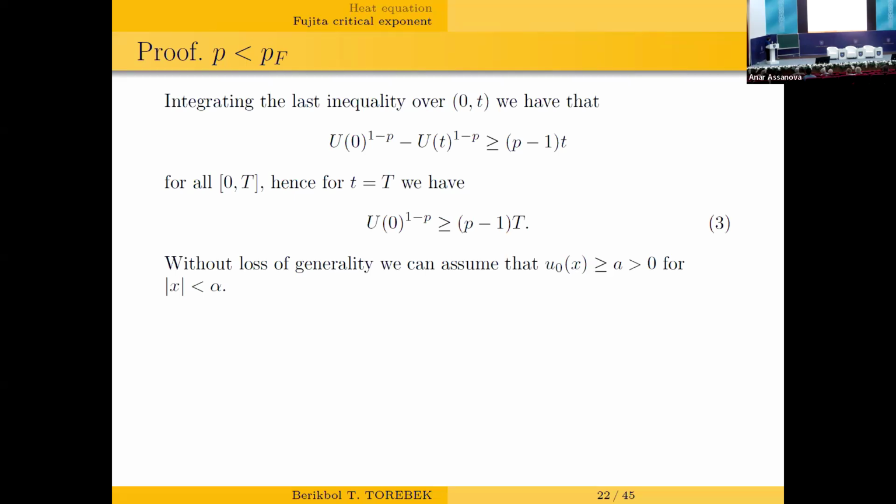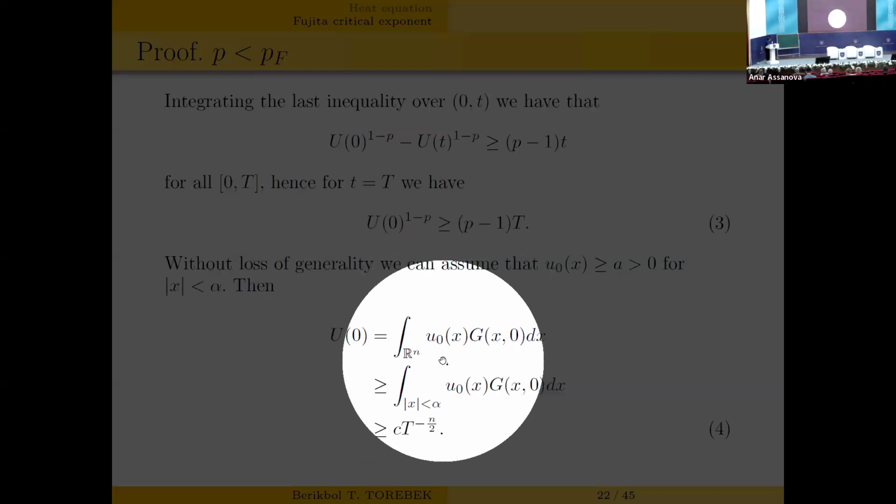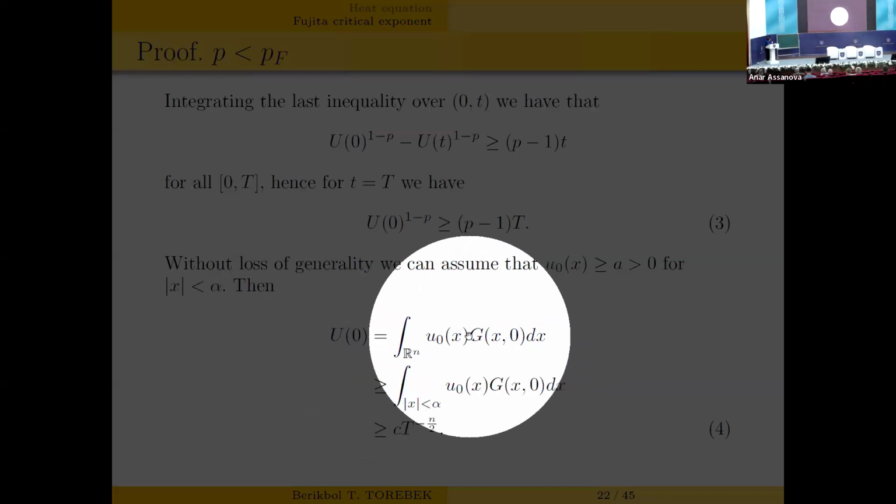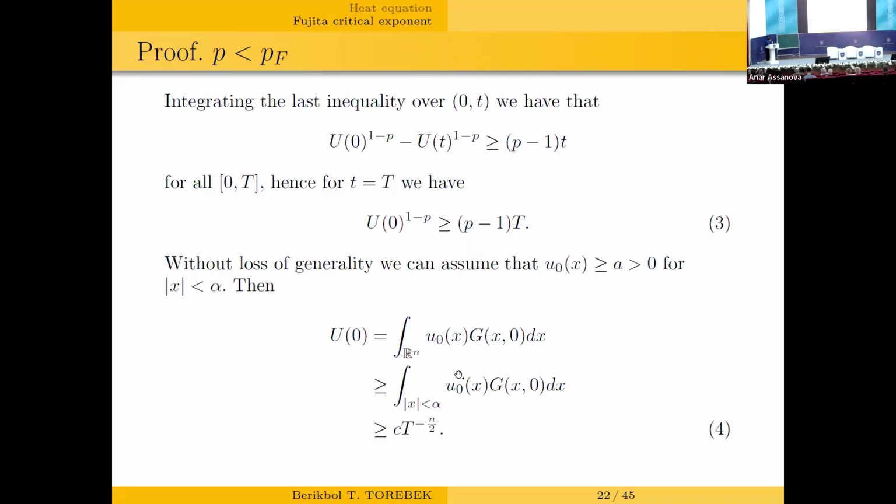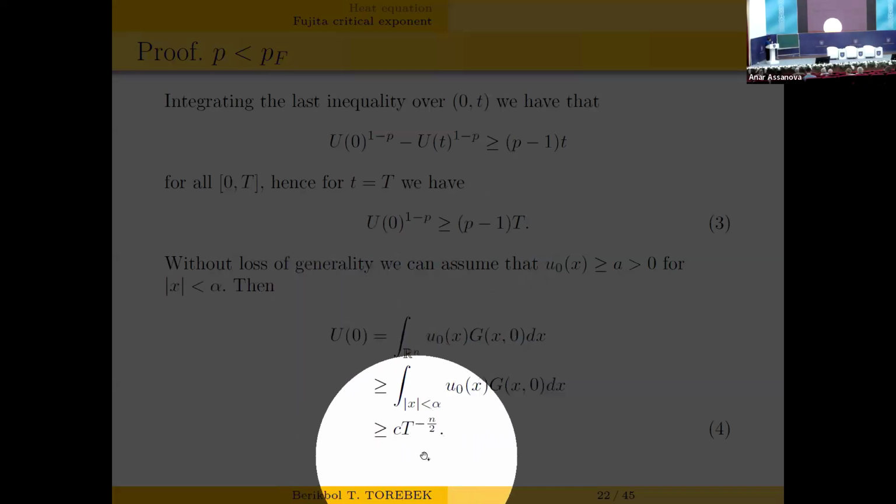Also, we assume that U0 is bounded from below by some strictly positive constant A inside some ball with radius alpha. Then for capital U0, we have this estimate from below, and finally, capital U0 can be estimated from below by C times capital T to the power of minus n divided by 2.